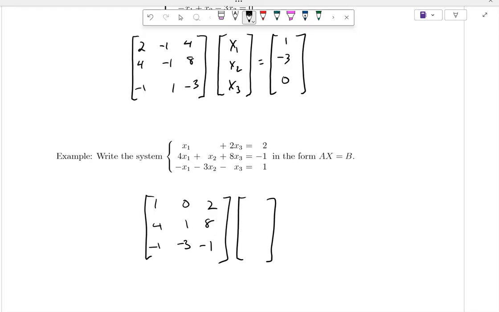And in particular, that next matrix on the right there should be x1, x2, x3. Good. And then finally, on the right-hand side should be 2, negative 1. Good. What questions do you have on this? Is this okay? All right.